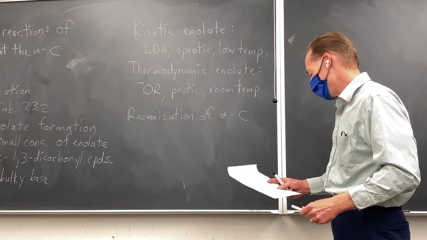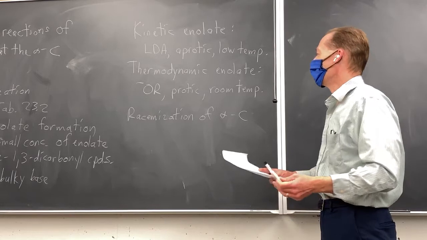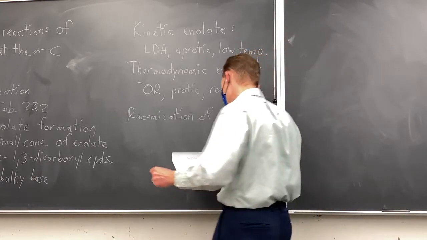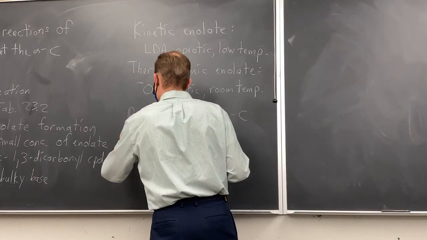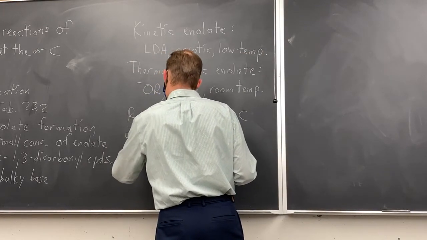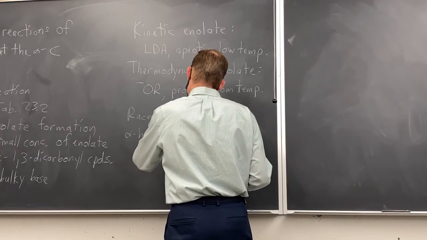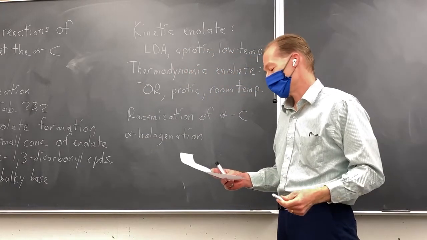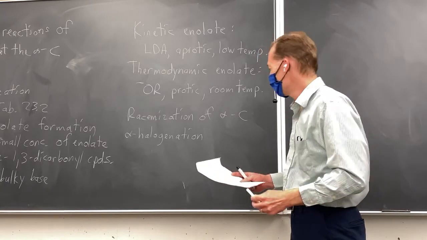We then started talking about reactions of these enols and enolates. And the first one we discussed was the alpha halogenation. We've had many different types of halogenation reactions during both 351 and 352.